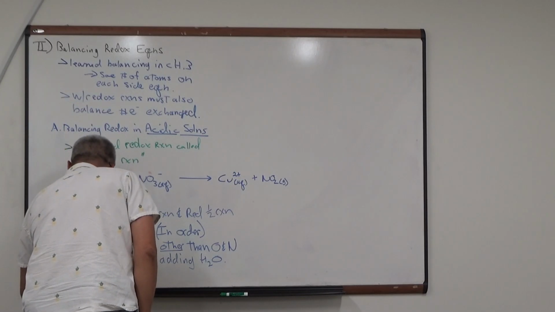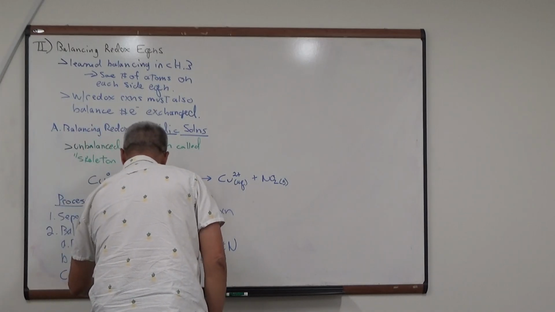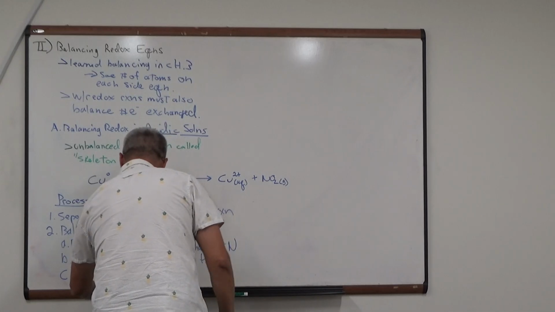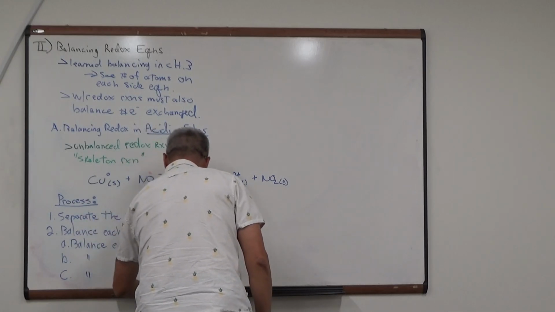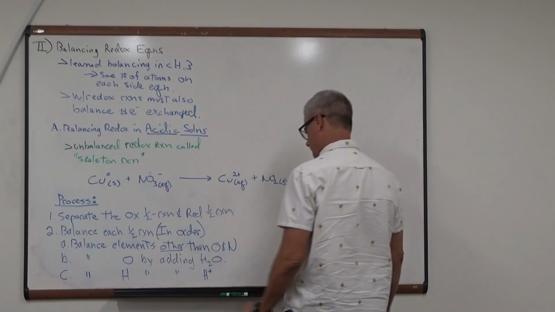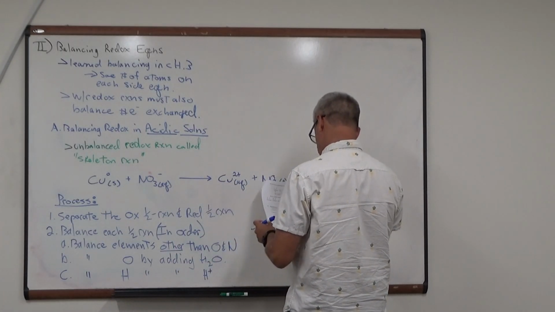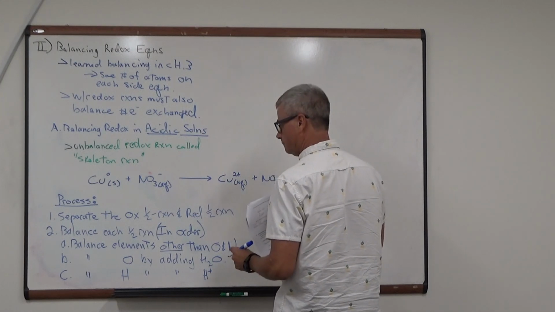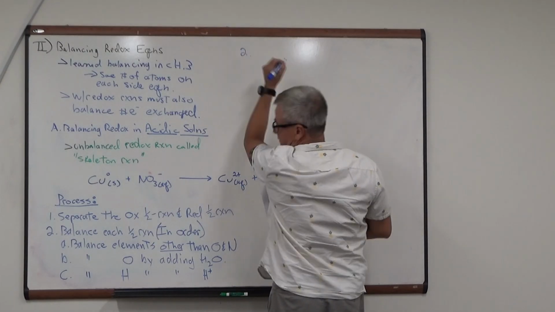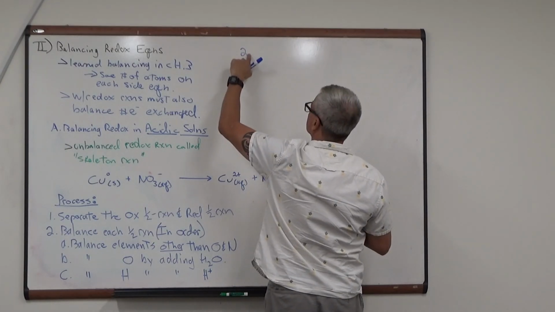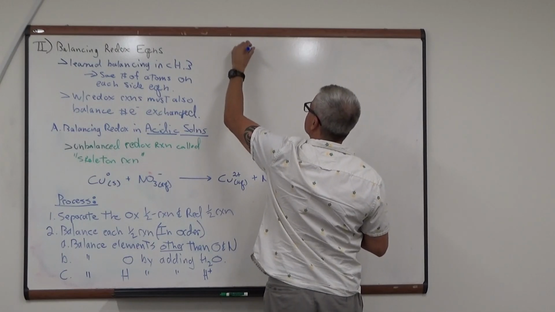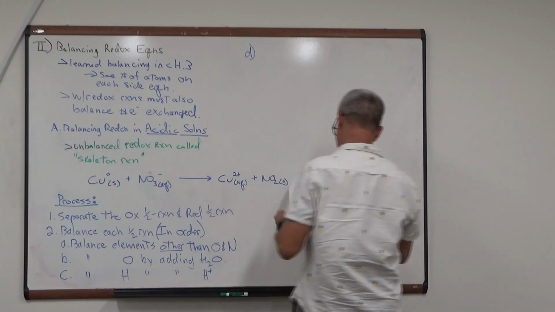And so you're going to balance hydrogen by adding H plus to whatever side is needed. And then for 2C, right? No, 2D.